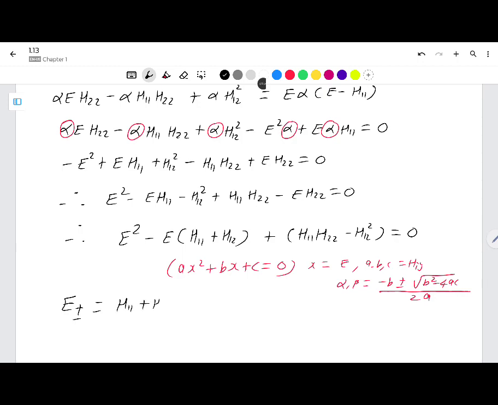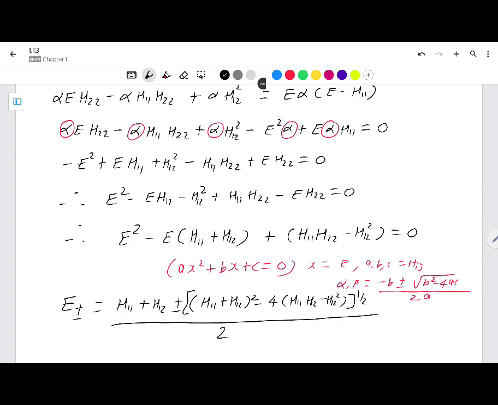So based on this, we can write E equals (H11 plus H22) plus or minus the square root of (H11 plus H22) square minus 4, where a is 1 and c is H11 H22 minus H12 square, divided by 2. So these are the eigenvalues.